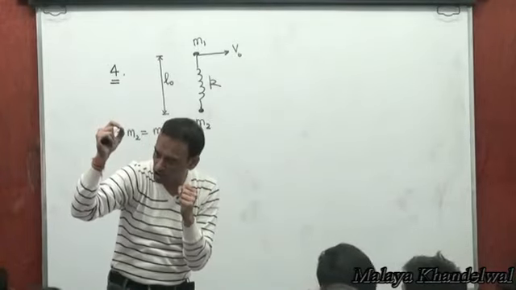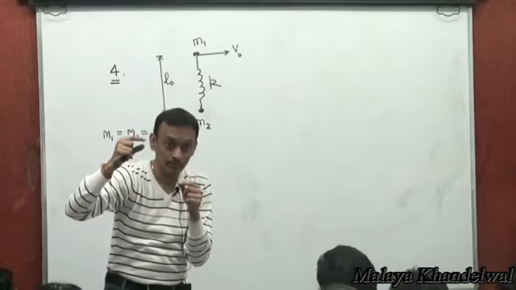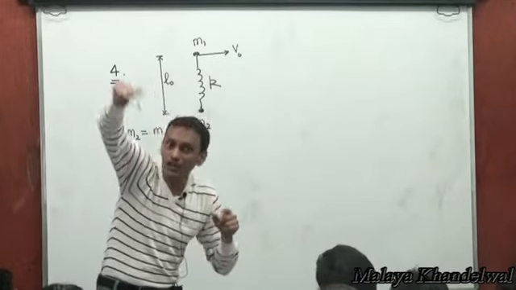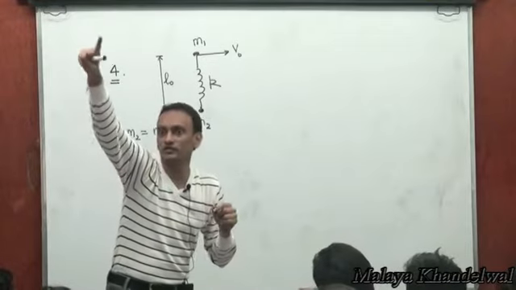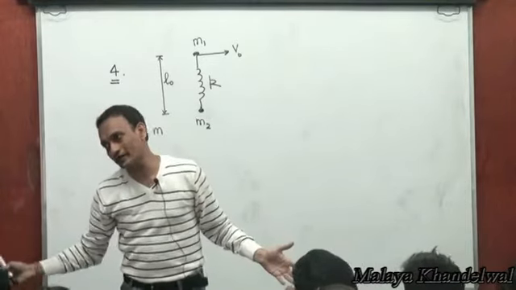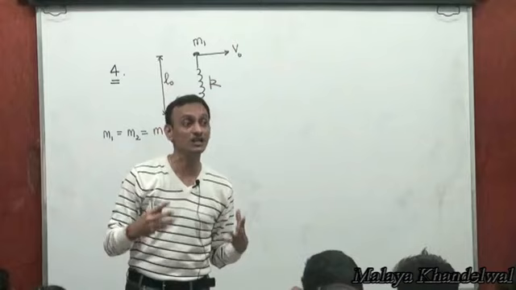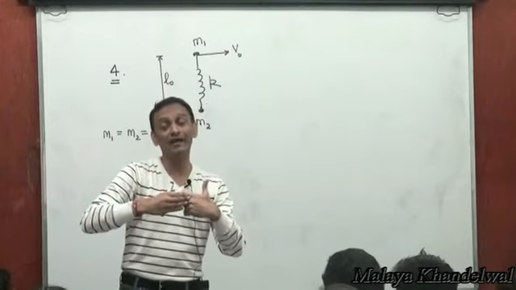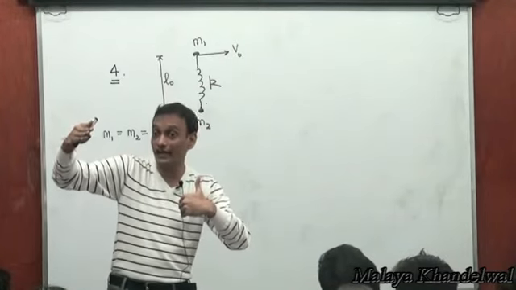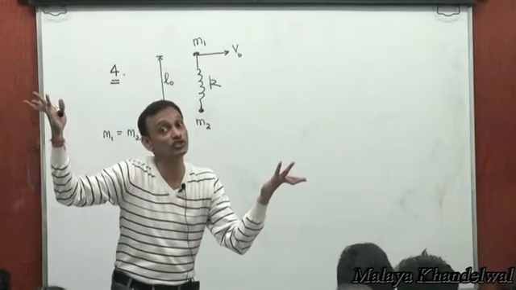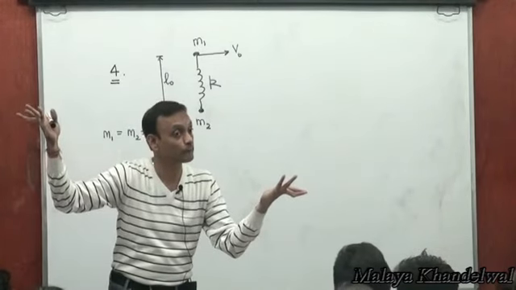When the relative velocities of the two masses, relative to each other, become zero along the length of the spring, then the spring will not elongate. The spring is elongating only because the two masses have a relative velocity along the length of the spring which is non-zero. Yes or no?